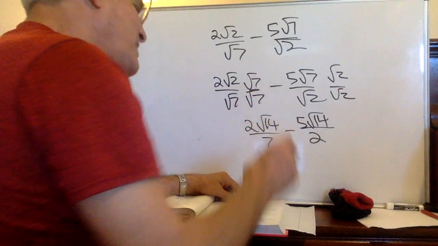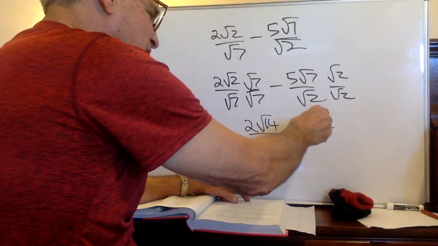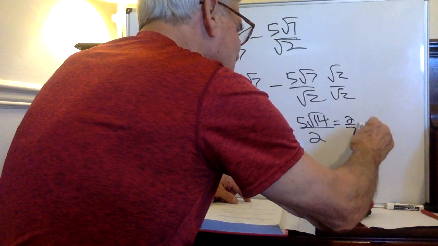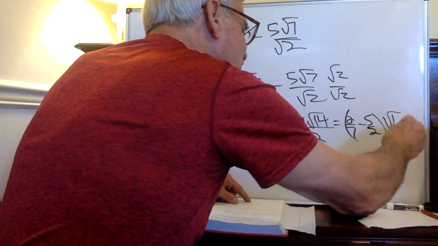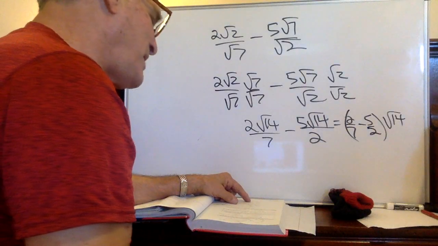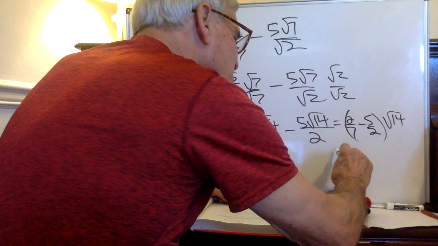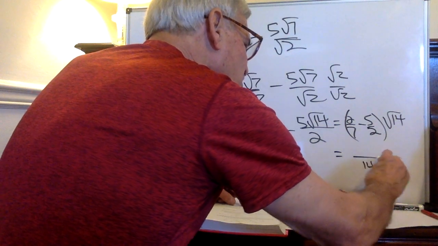I can combine these because they have the same radical. Radical 14, radical 14. So what I'm going to get is 2 sevenths minus 5 halves root 14. And then you just combine those fractions by getting a common denominator. So you would get the common denominator of 14.